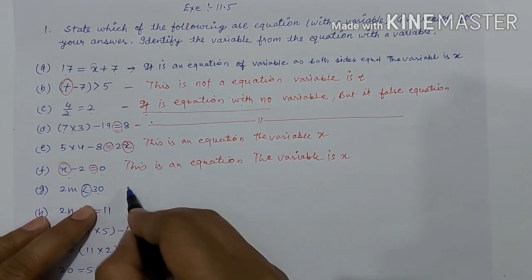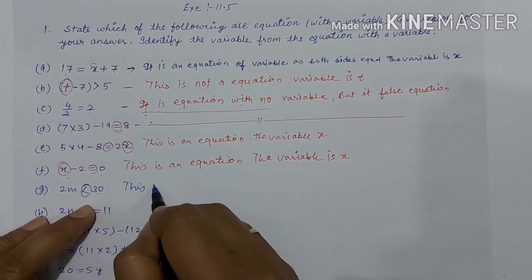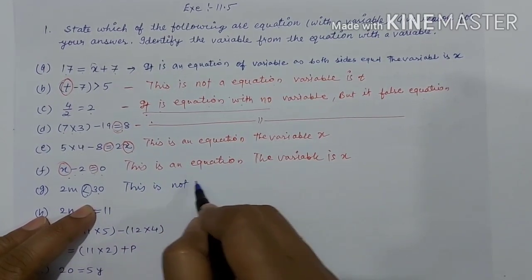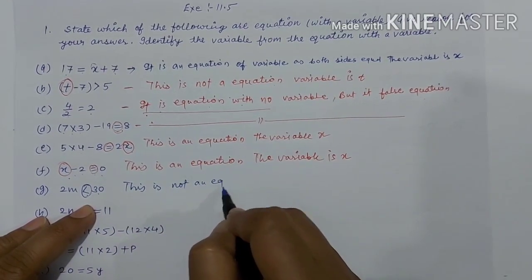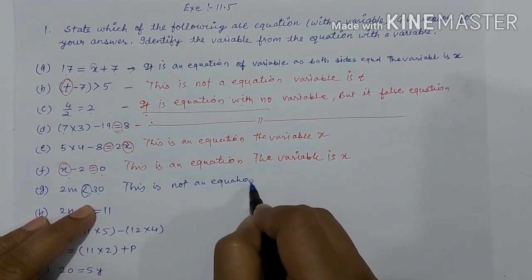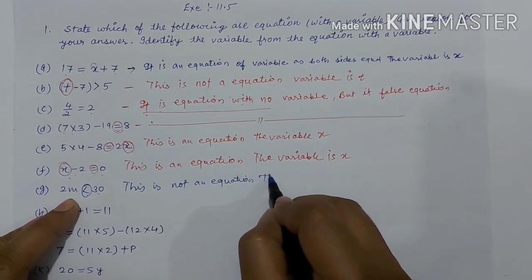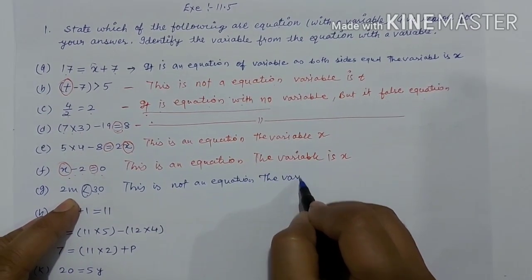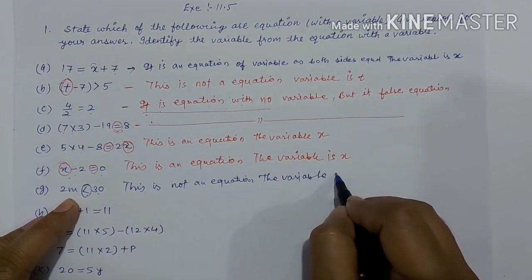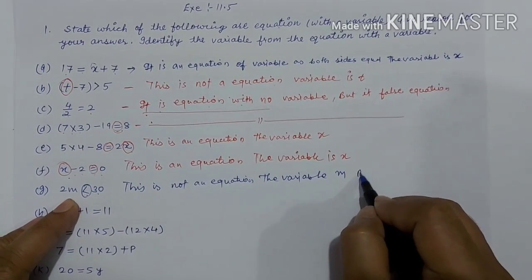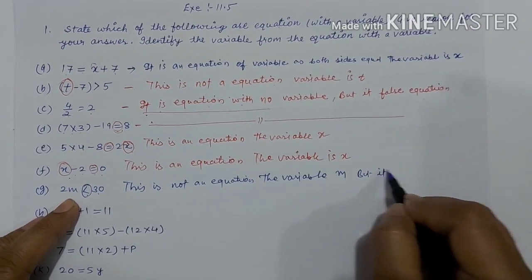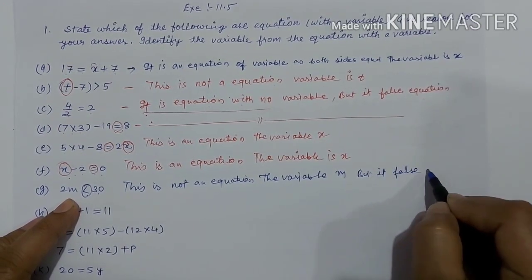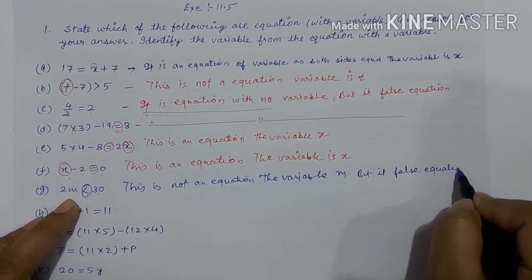Less than 30 means this is not an equation because the equal sign is not given, but the variable is m.